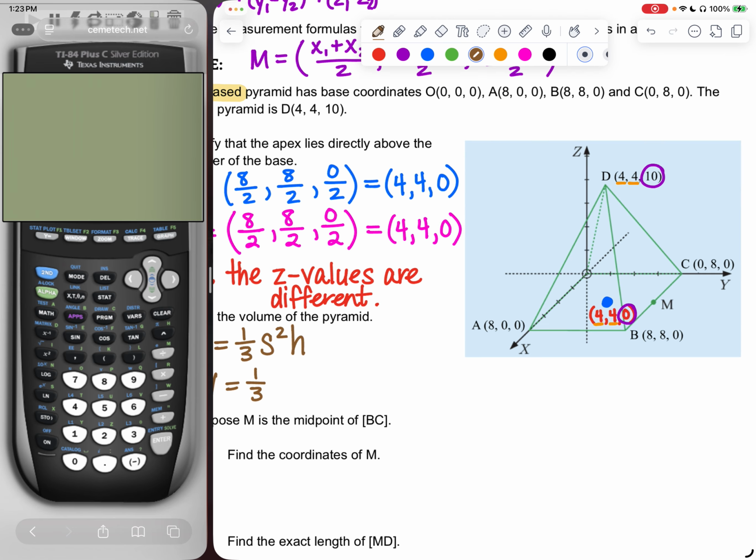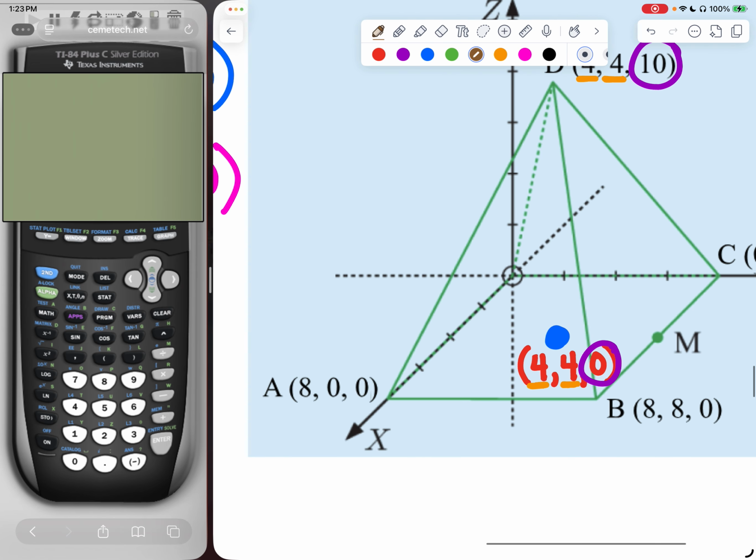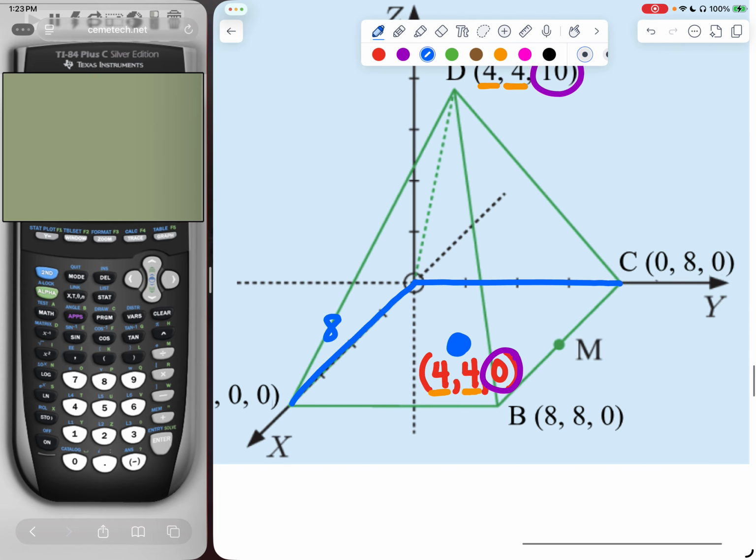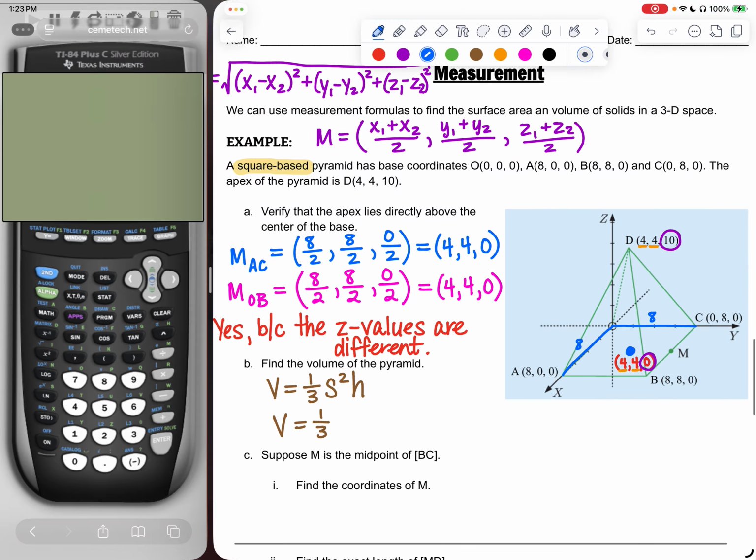So I'm going to get V is equal to 1/3. And if we look here, we can already tell that the length of our square here from 0,0,0 to 8,0,0, the length is 8, and from 0,0,0 to C, which is located at 0,8,0, that length is 8. So we know that we have a square.